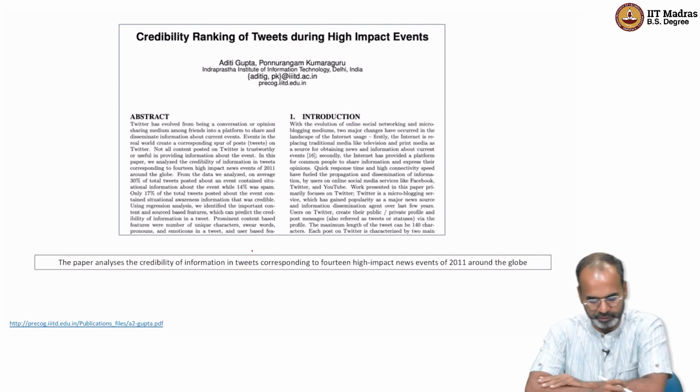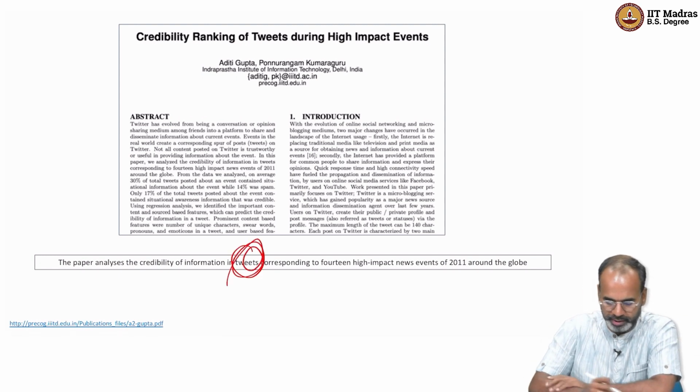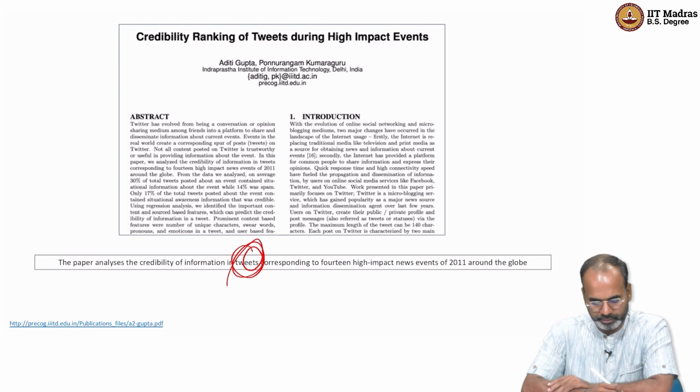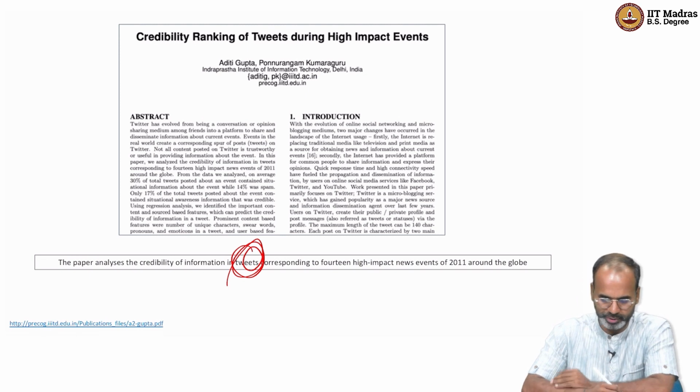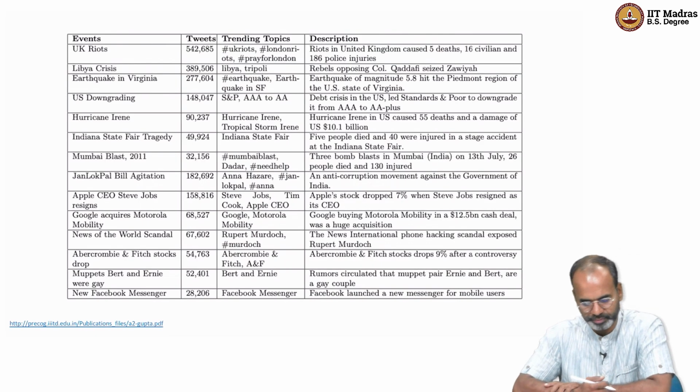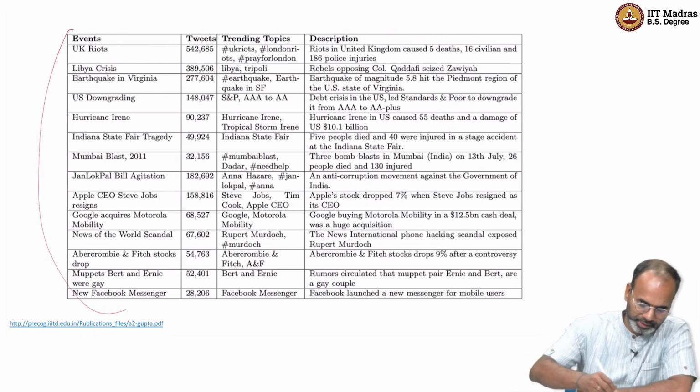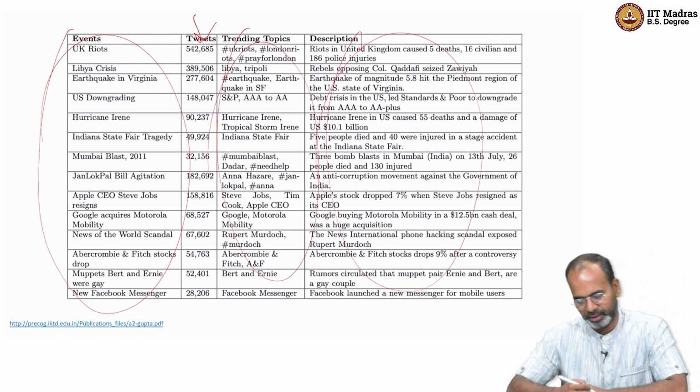It analyzes the credibility of information in tweets according to 14 high impact events in 2021. So we said that, look, we should actually start looking at this as a serious topic. We analyzed these events. These are the number of tweets. These are the topics that we use. These are the descriptions of the events.